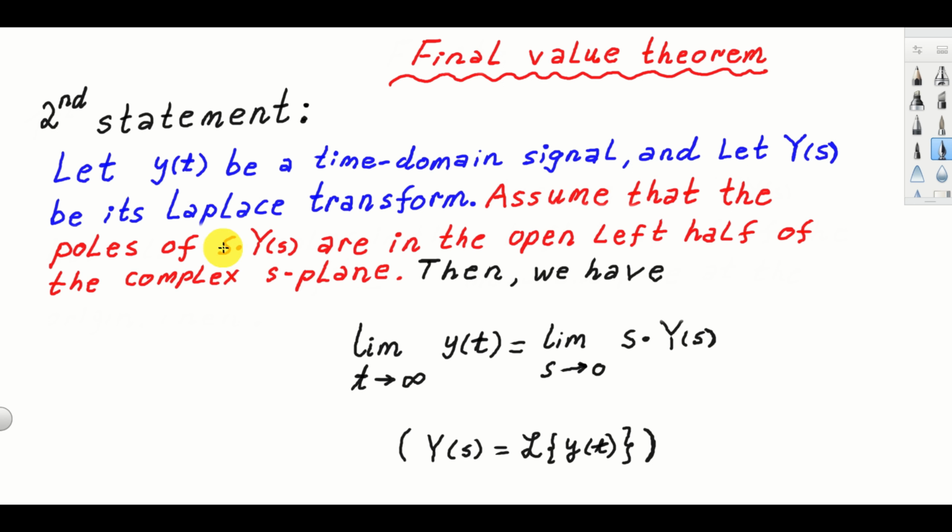By multiplying Y of s by s, we are actually eliminating a possible pole at 0. So if we just multiply this by this, all the poles should be strictly in the left half of the complex plane, and then we can apply the final value theorem. And that's it. Simple as that.